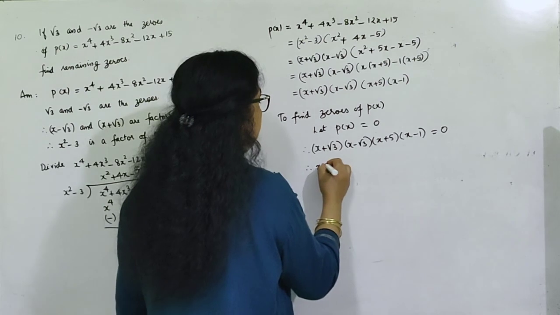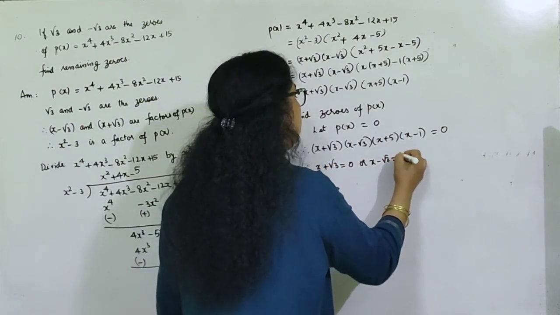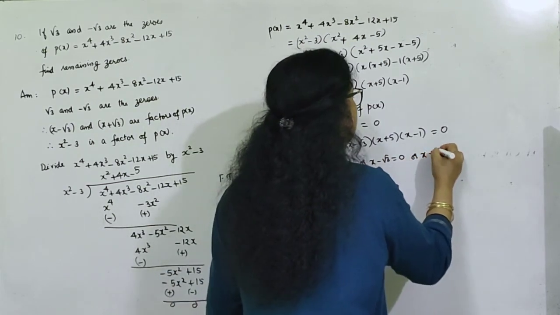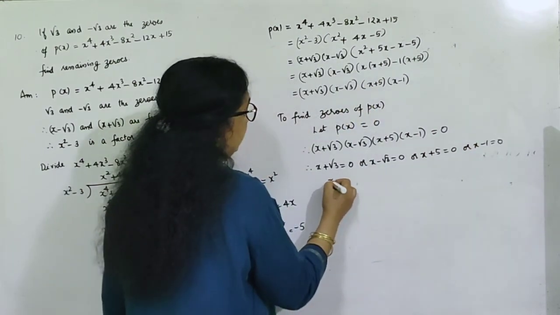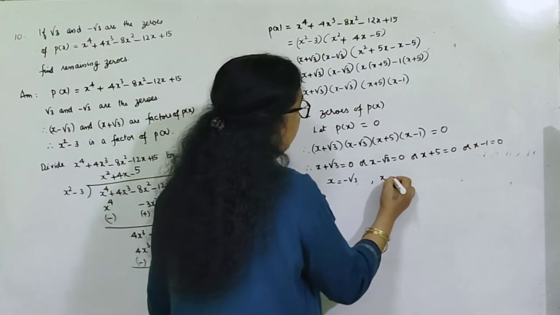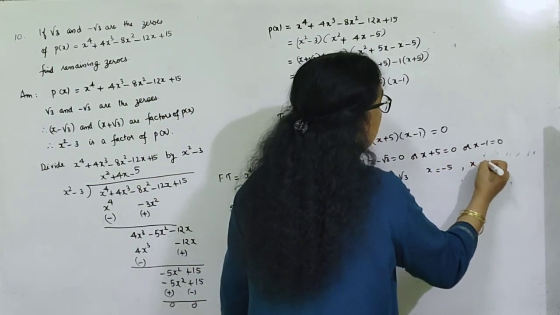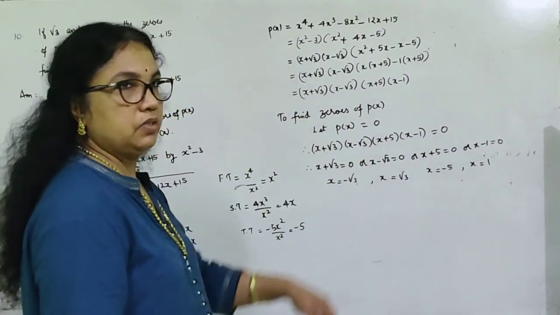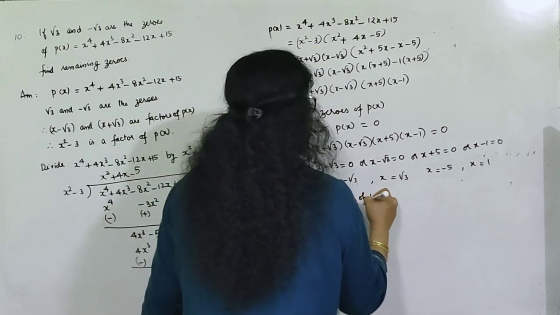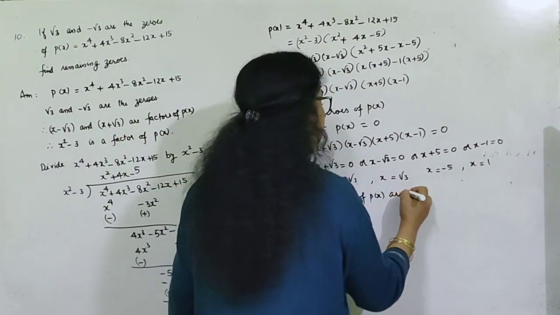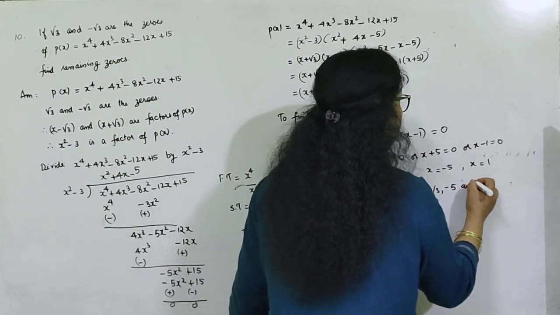So x plus root 3 equal to 0, or x minus root 3 equal to 0, or x plus 5 equal to 0, or x minus 1 equal to 0. So x equal to minus root 3, x equal to root 3, x equal to minus 5, x equal to 1. So these are the zeros.